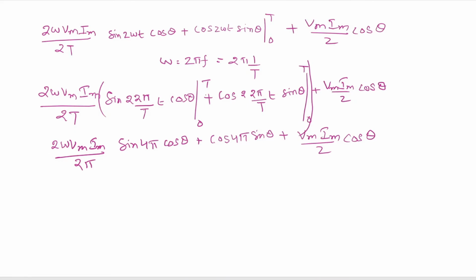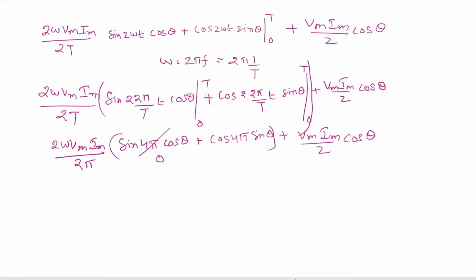What is sin 4 pi? 0. So 0 into cos theta is 0, so this term becomes 0.